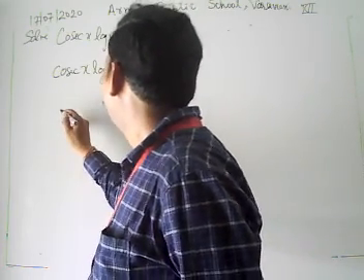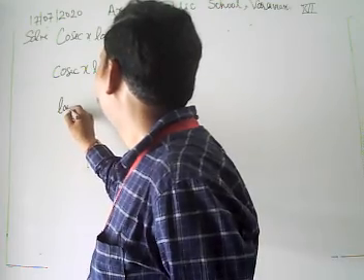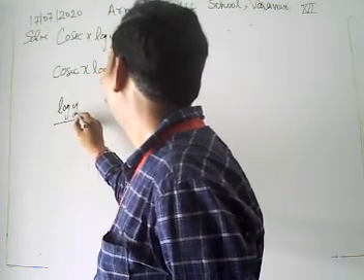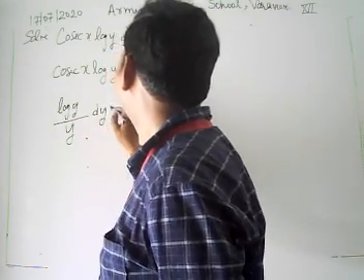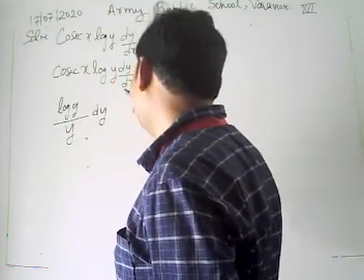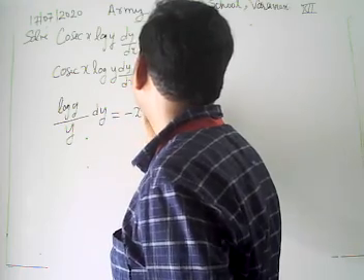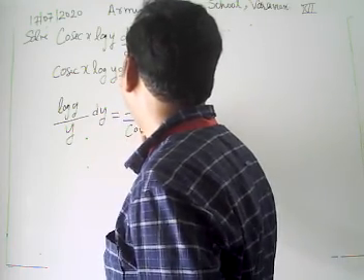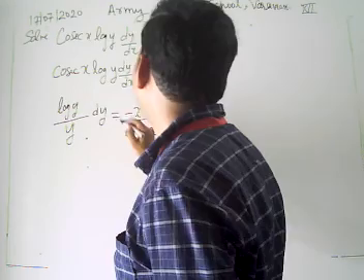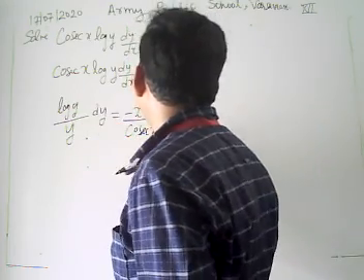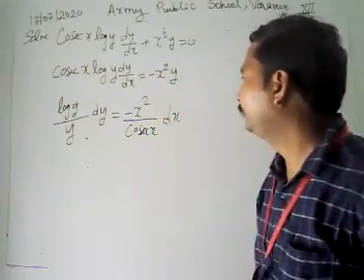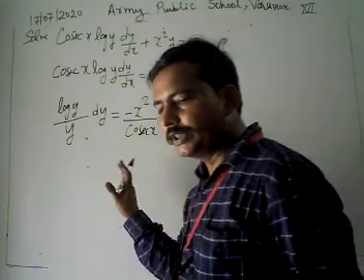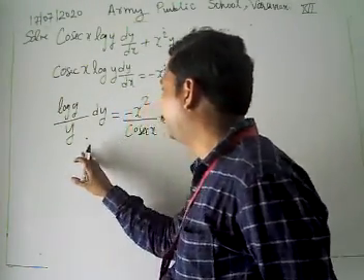Now what we have is log y upon y dy is equal to minus x square by cosec x dx. Now look, we are using variable separable, we separate our variables.